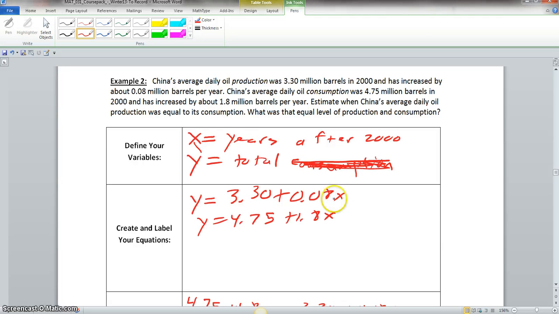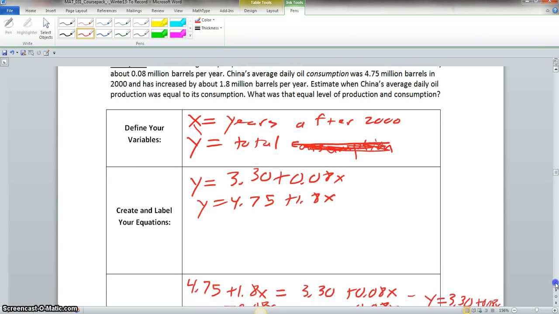So per year, we know we're going to multiply that by x. Now for the second value, we have y equals 4.75 million barrels, which we have here, but it was increasing at a rate of 1.8 million barrels per year. So that'll be 1.8 times x. So these are our two equations.